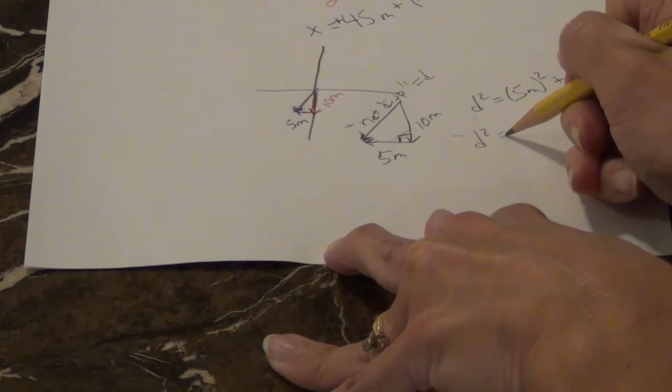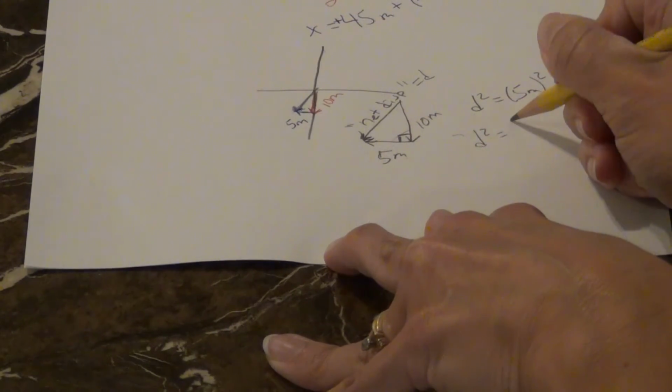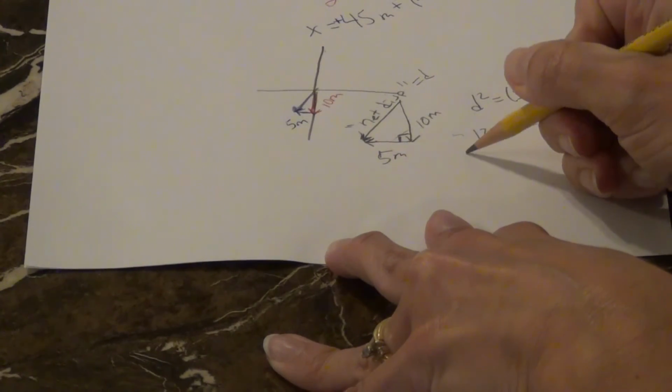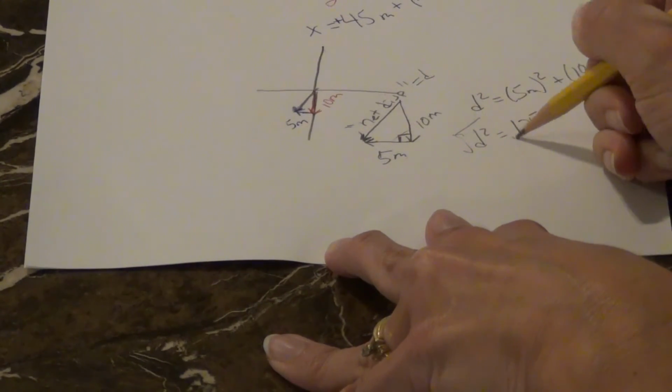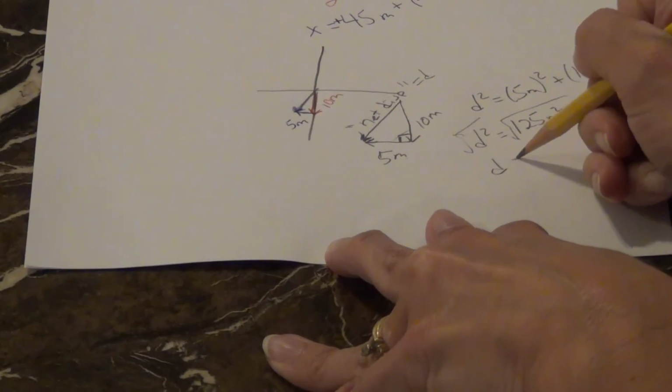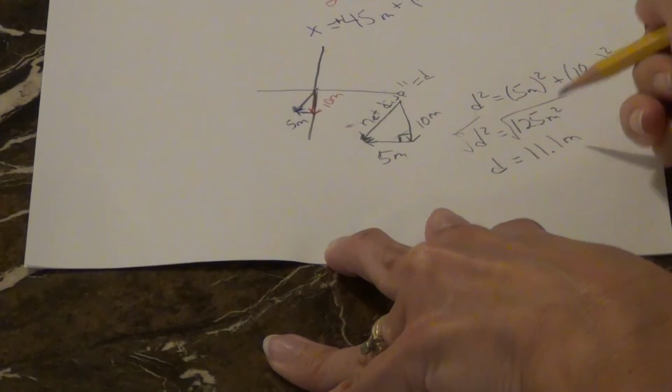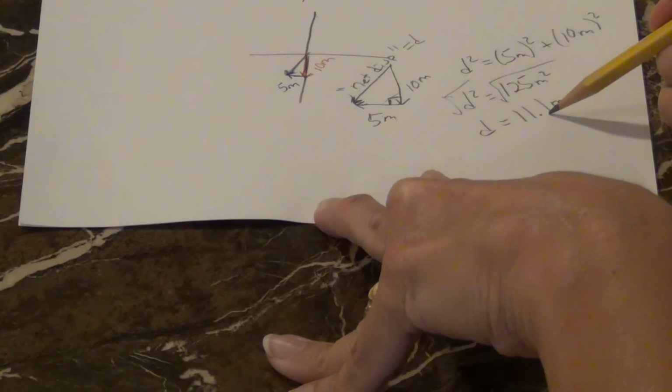So D squared equals 125 meters squared again. Take the square root of both sides again. Wait, the distance is still 11.1 meters. So what's the difference from here?